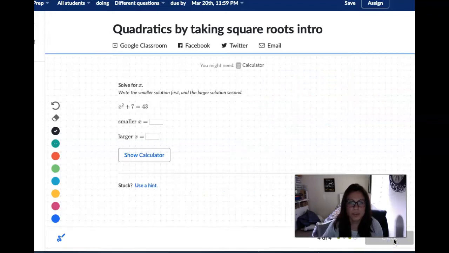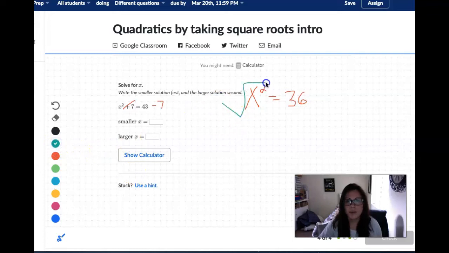Next question. When I subtract that, okay, that's another perfect square. I will do this one with you. I'm just going to subtract 7 from both sides. So I get x squared equals 36.